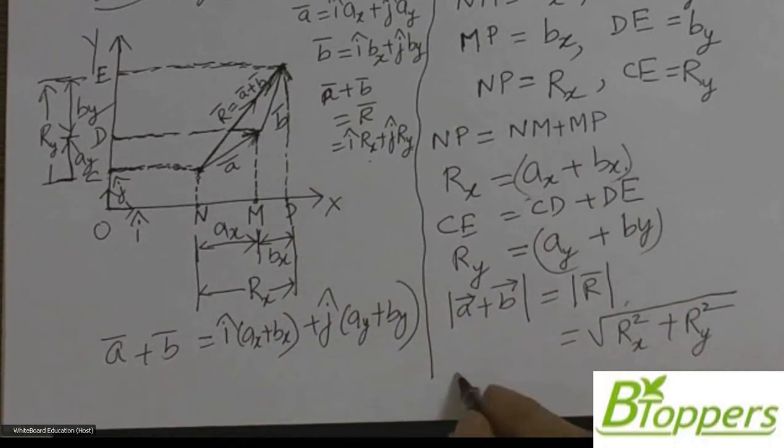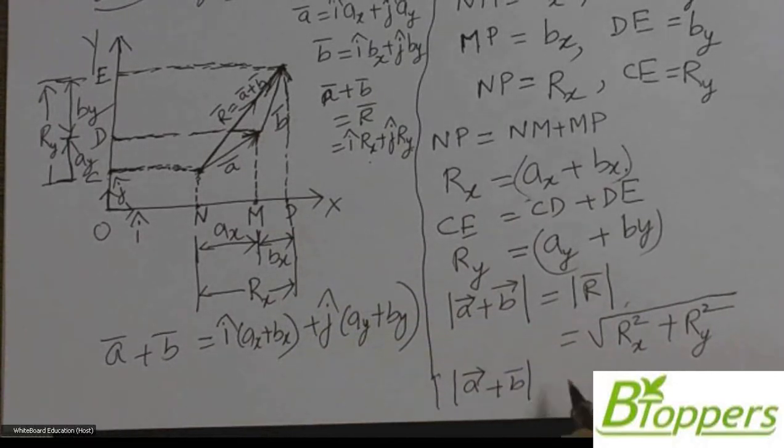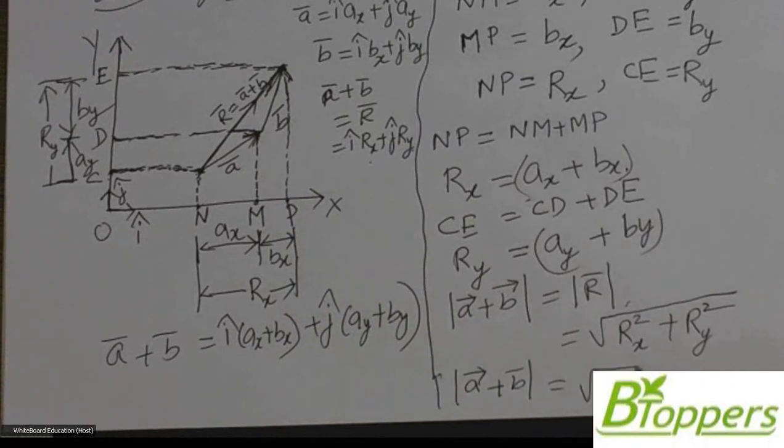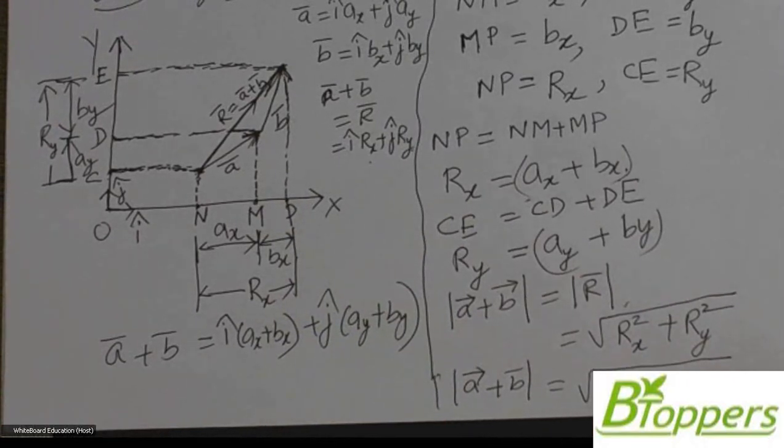Therefore, the magnitude of the vector sum of A bar and B bar can be written as under root of Ax plus Bx whole square plus Ay plus By whole square.